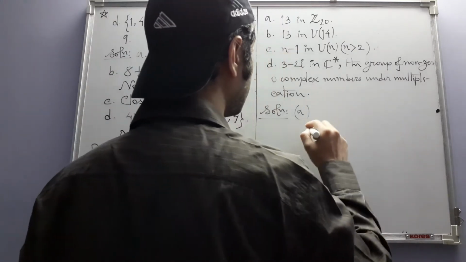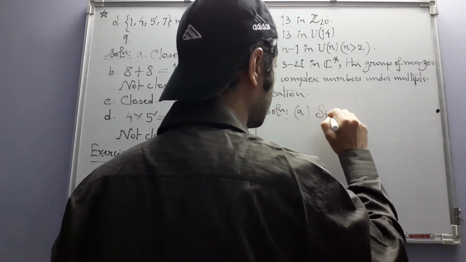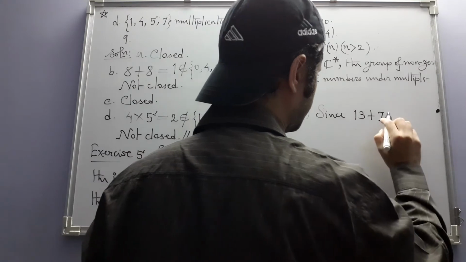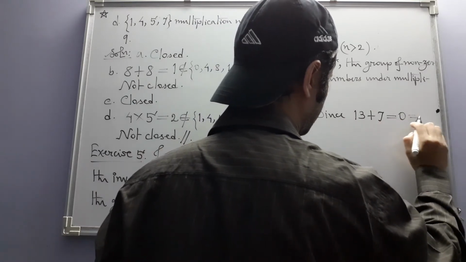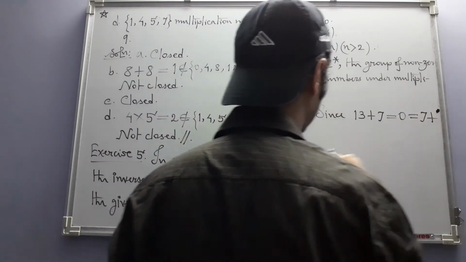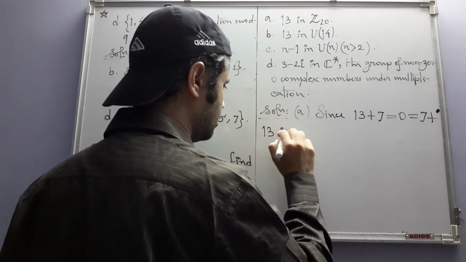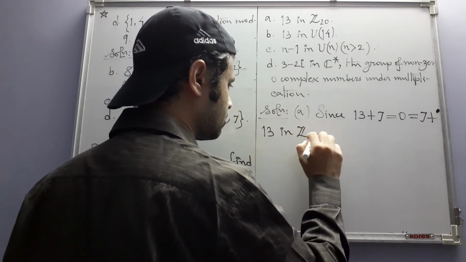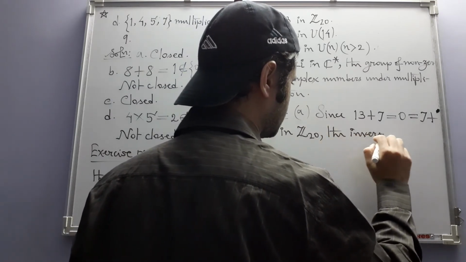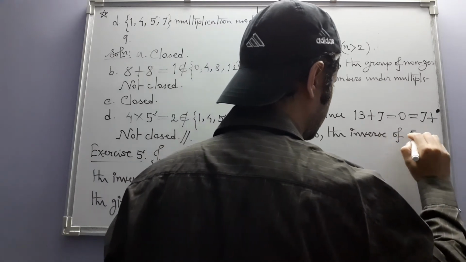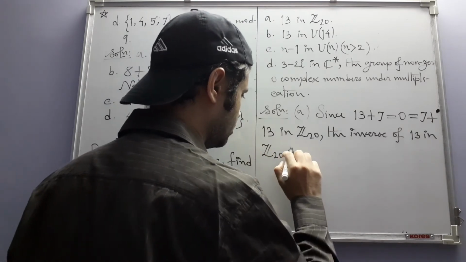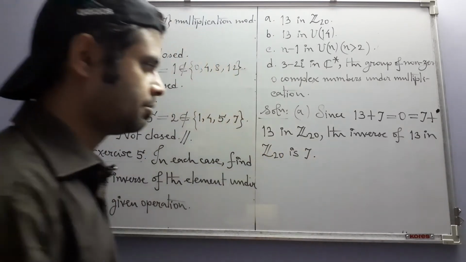Okay, so now, since 13 plus 7 is equal to 0 under this operation, which is not ordinary addition, and is equal to 7 plus 13 in Z20, the inverse of 13 in Z20 is 7.